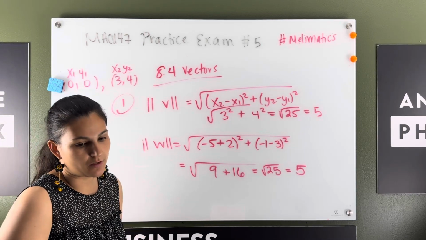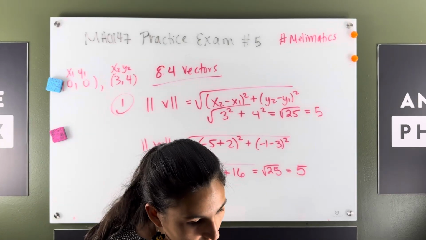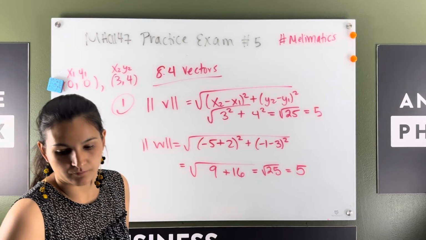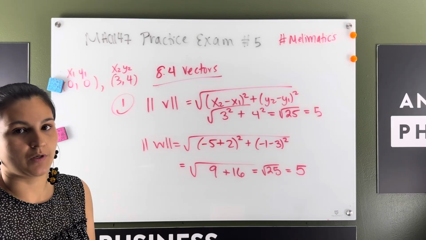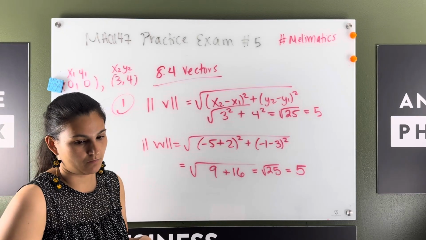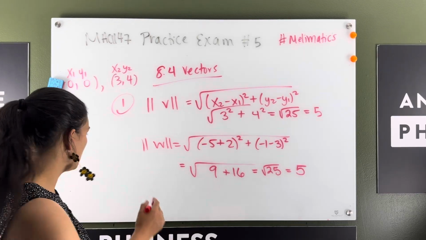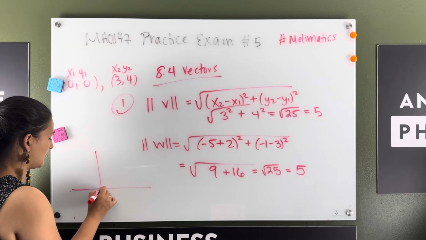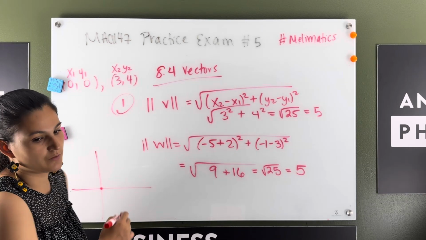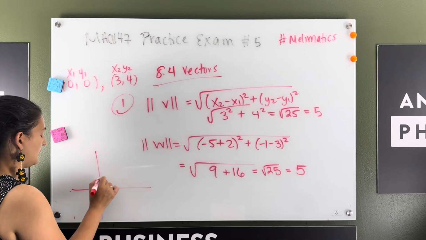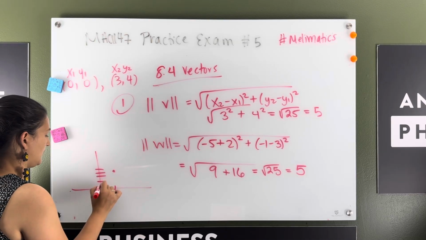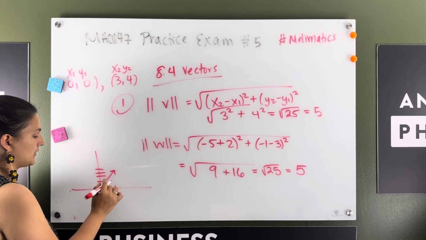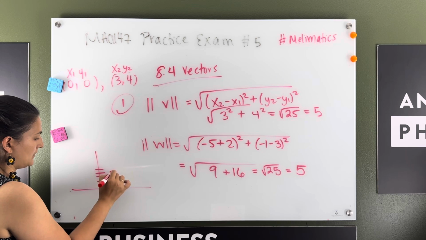The second question is, are they equal? And the answer is no, they're not. They're in opposite directions. If you want to visualize it, you can draw. So for v, we're starting at 0, 0, which is the origin, and we're going to 3, 4. Initial point, terminal point, right?